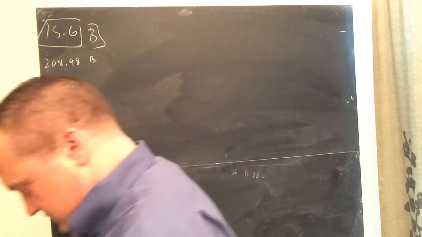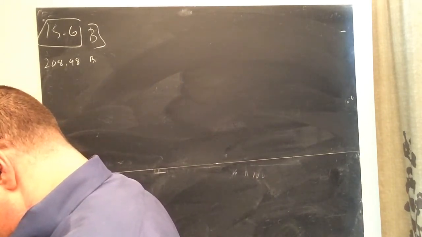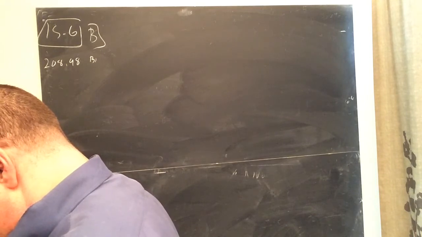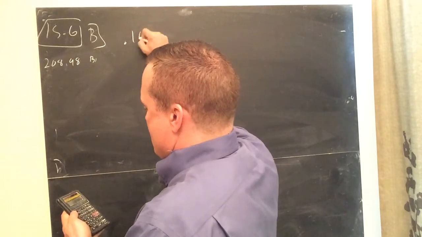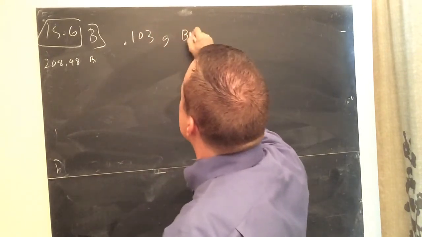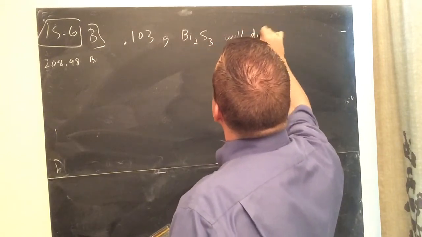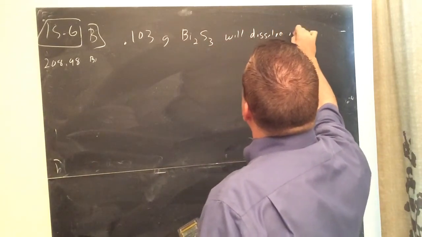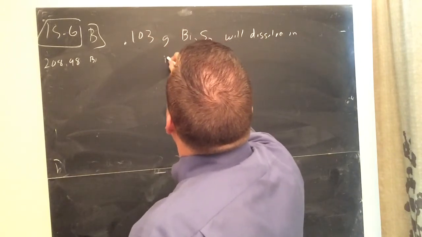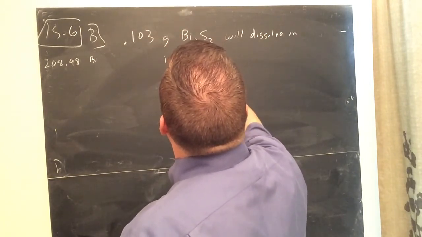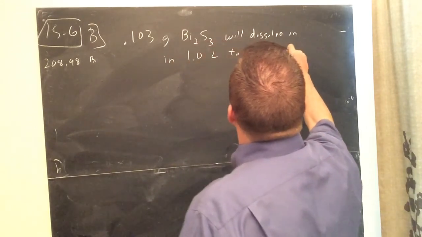Yeah, 514.14. Okay, 0.103 grams of Bi2S3 will dissolve, a maximum, will dissolve in 1 liter to make a saturated solution.